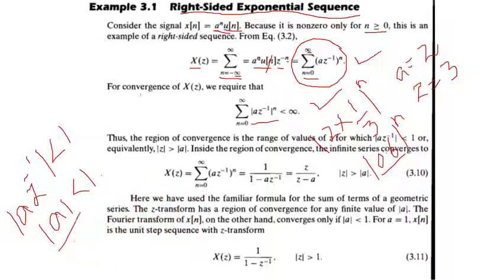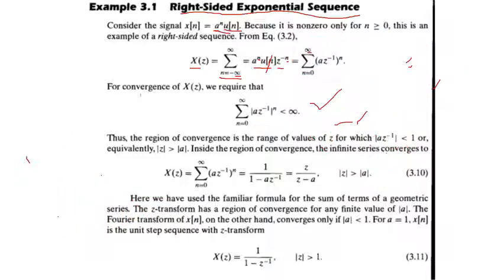Okay. So we have the condition z mod greater than a mod. So now we are solving it for the values of zeros and poles. So we know that this is a finite length geometric series. So in order to open this, first term will be a z raised to power 0. So this is first term. 1 minus our ratio. So ratio is a z inverse.